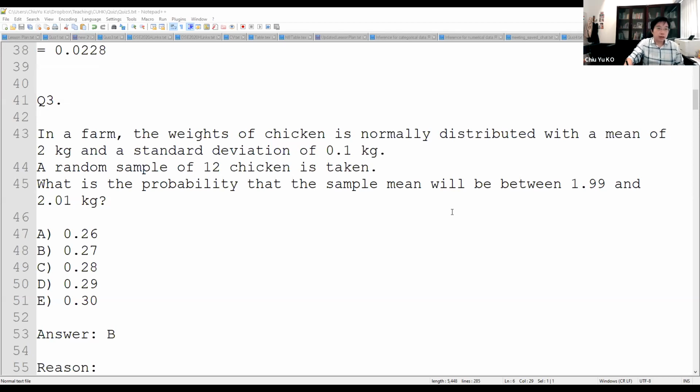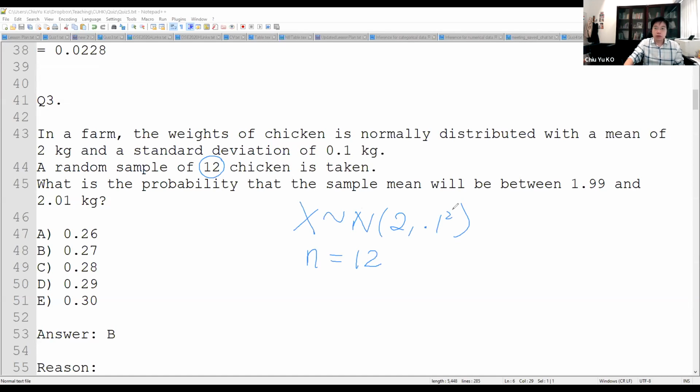It is said that the weight is normal with mean 2 and standard deviation 0.1, and the sample size n is 12.